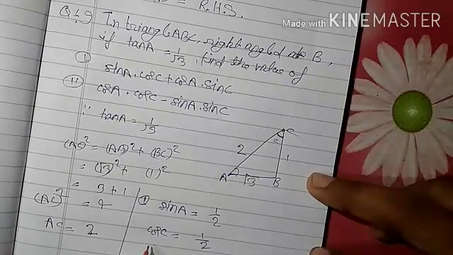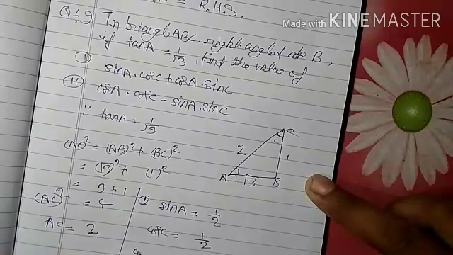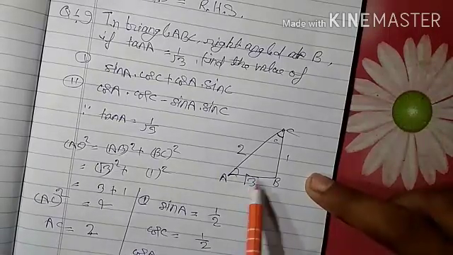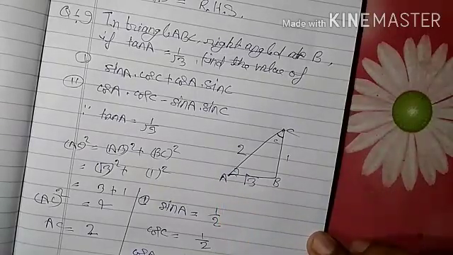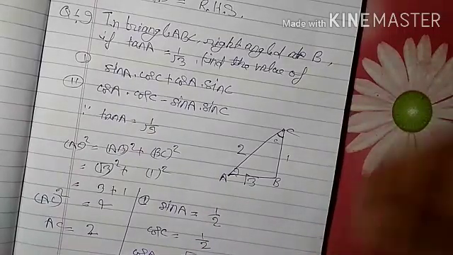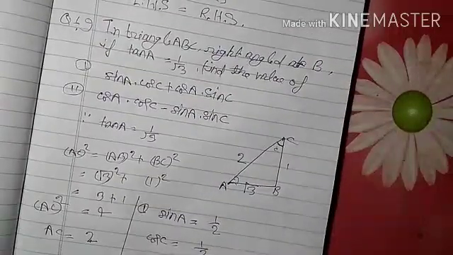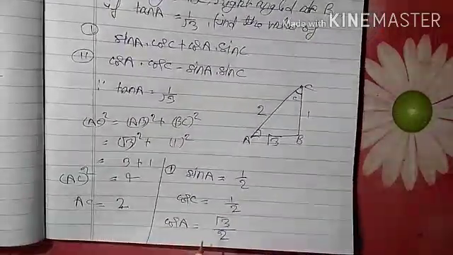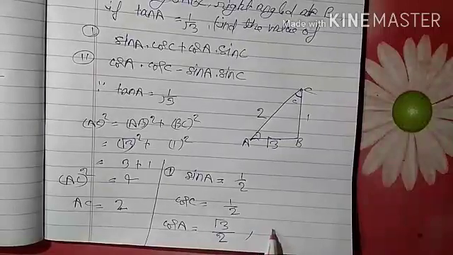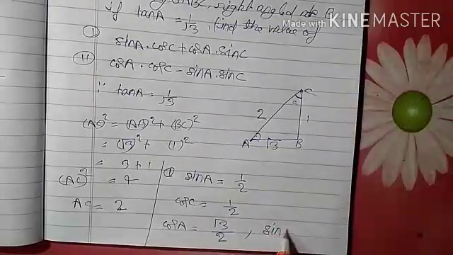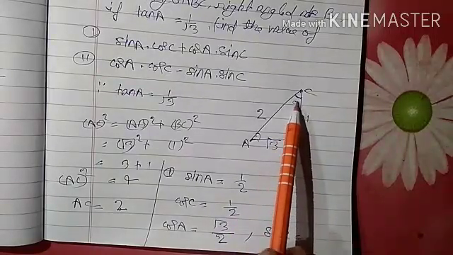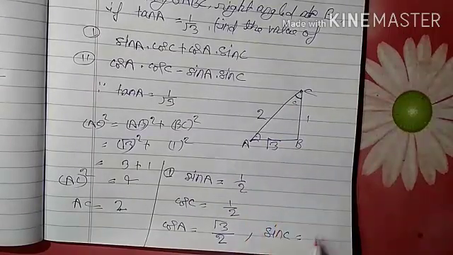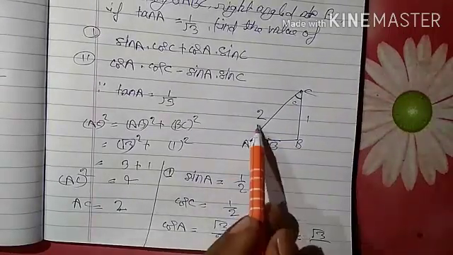Next that is cos A, so cos A is equal to base divide hypotenuse, so by this angle base that is AB, so square root 3 divide hypotenuse that is 2, so square root 3 divide 2. Next find out sin C, sin C is equal to perpendicular divide hypotenuse, so for angle C perpendicular that is square root 3 divide hypotenuse that is 2.